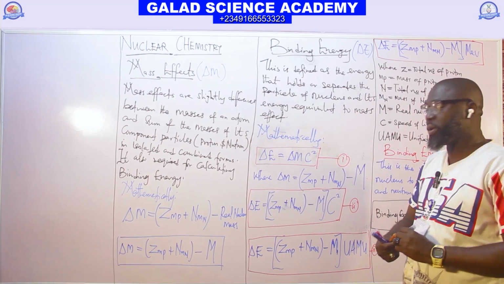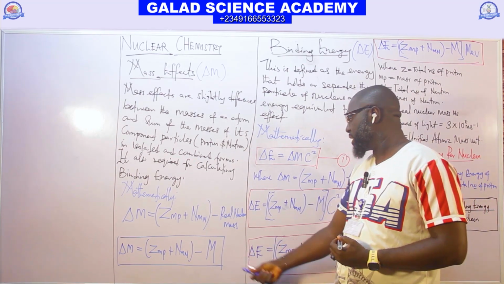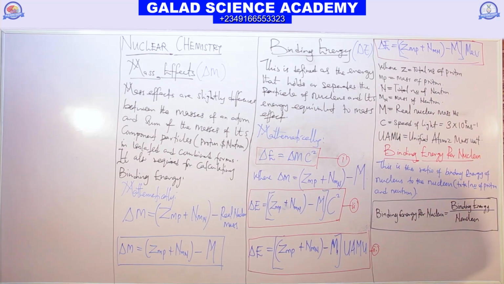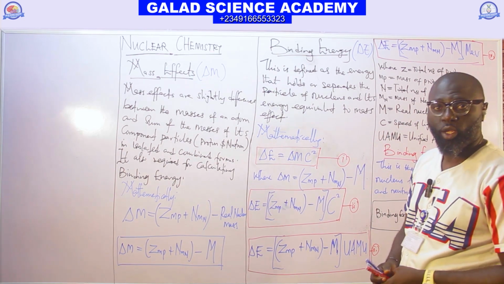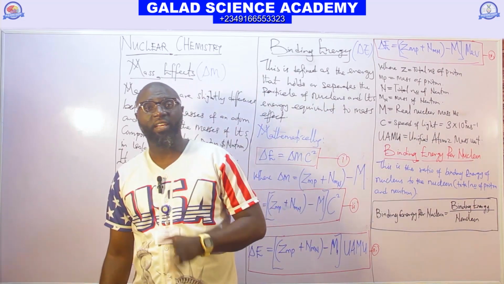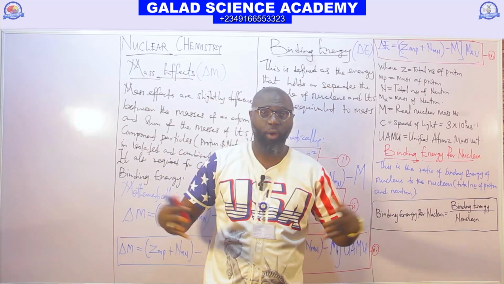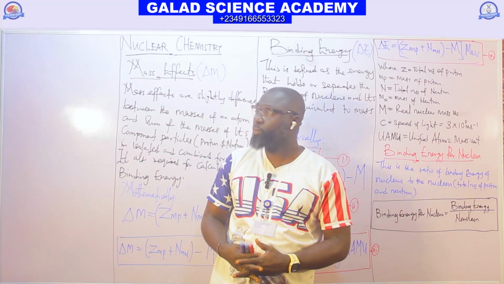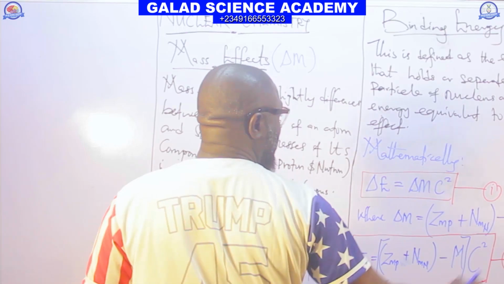So this is the formula for mass defect. This 1, 2, 3, 4 is for binding energy, but this one is for binding energy per nucleon. So it's one formula that I'm going to add. After that one formula, we are going to solve numerous problems.